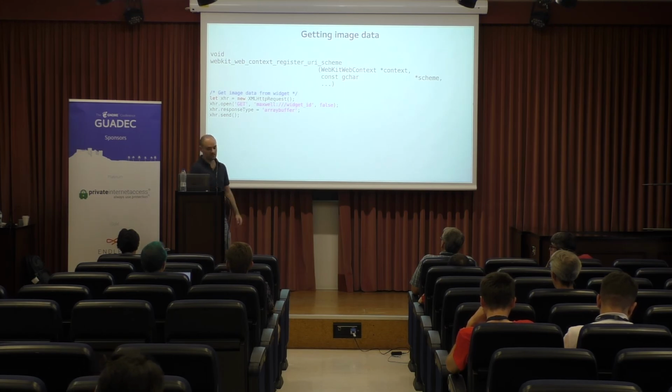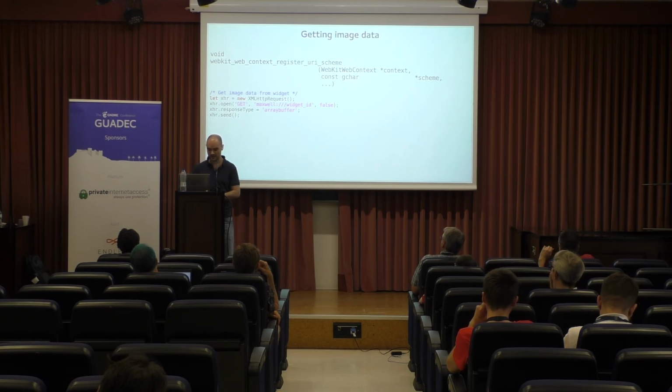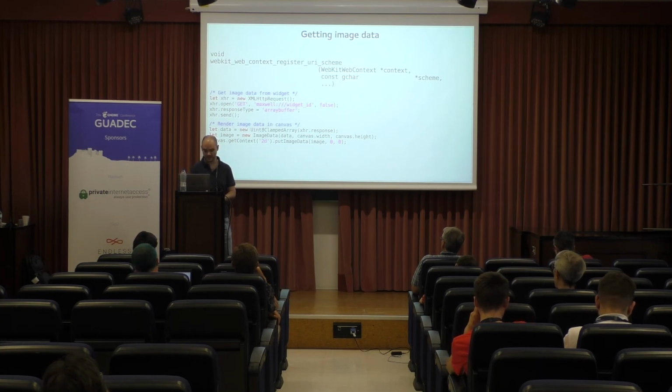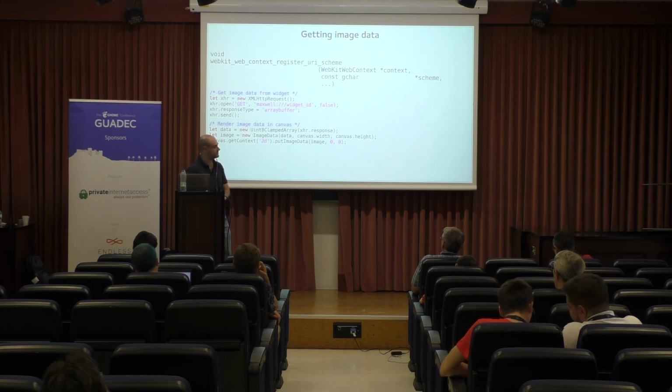One very important thing is to set the type to array buffer, so there's no weird conversion between JavaScript arrays and binary format. And once you get that data back, all you have to do is wrap it into an array, and then you can use the regular Canvas API to actually draw the image.